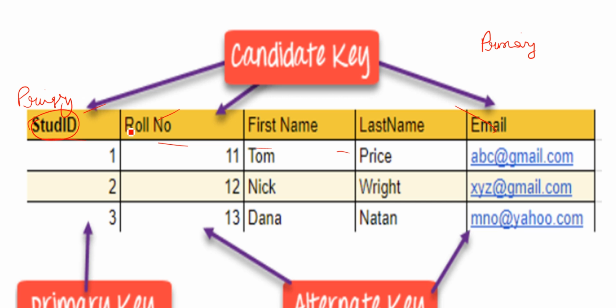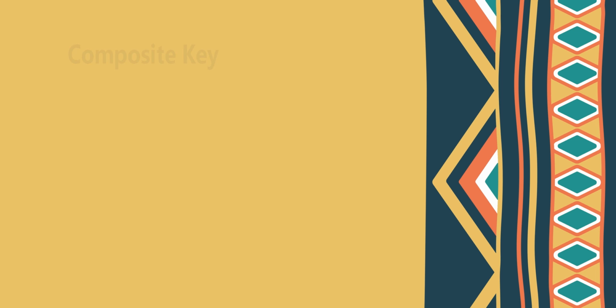Then the other columns will be termed as alternate keys. So this picture says everything, right? I hope it is now clear about candidate key, super key and primary key.